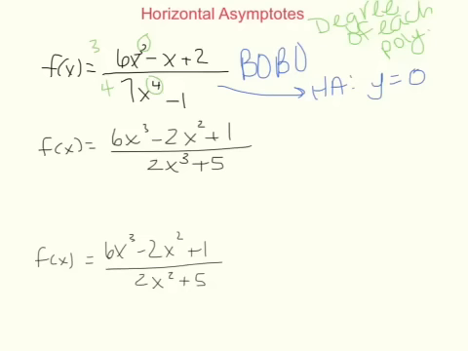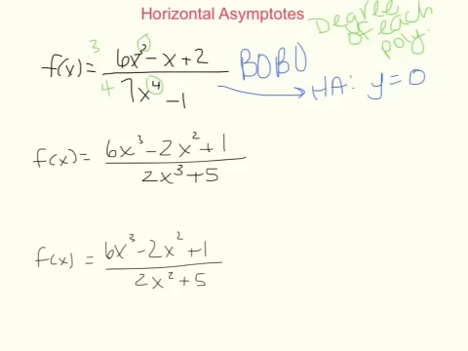Now here's another example. Here's another rational function. Now let's look at the degree of each polynomial. This is a third degree. This is also a third degree. So the rule, when they're both the same, is that you use their coefficients.